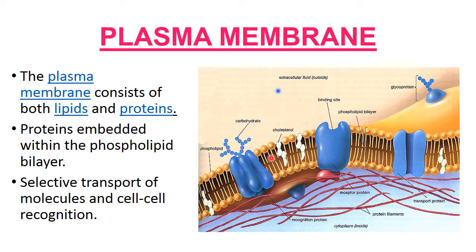The plasma membrane mainly functions as a barrier, a barrier of compartments between two aqueous solutions, the two aqueous compartments present inside the cell and outside of the cell.